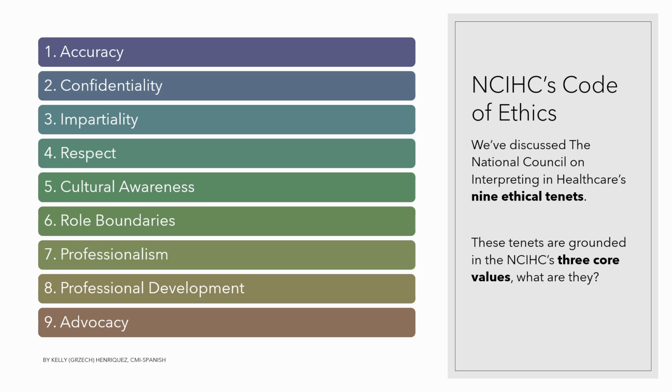Professionalism is all about how you conduct yourself with integrity, following the medical interpreting codes of ethics, whereas professional development is being a lobster, always growing, always seeking to do your best, expanding your knowledge. So even though they sound similar, they are different.